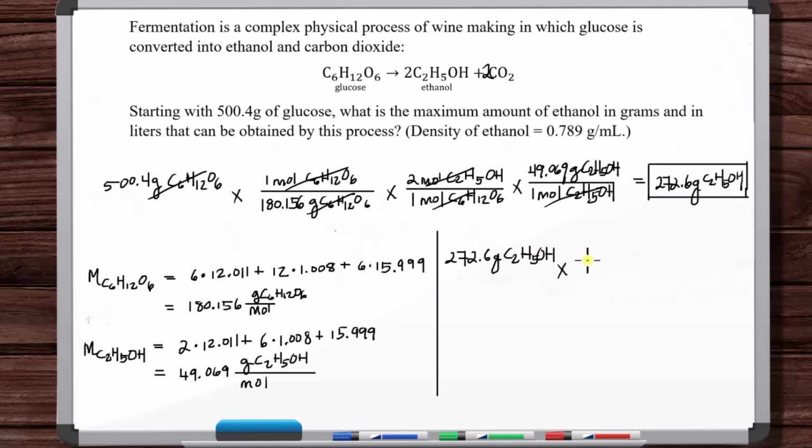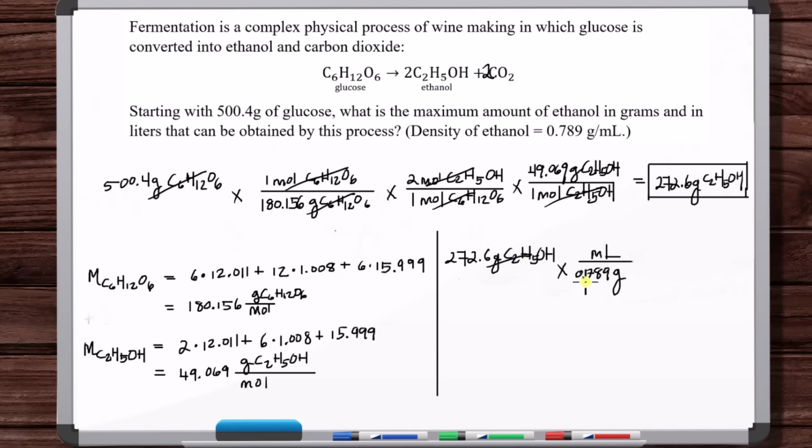Okay, so we know that we have 0.789 grams of ethanol per milliliter of ethanol. We know this is the density for ethanol.